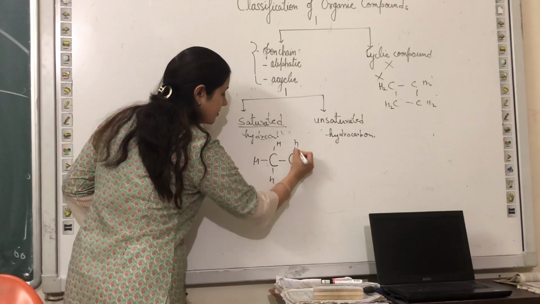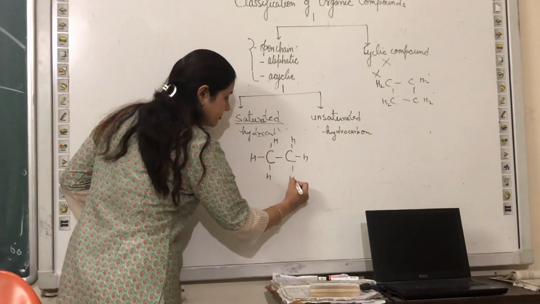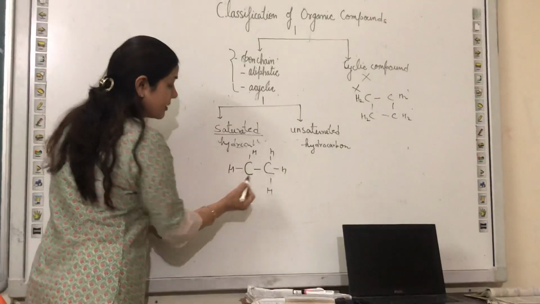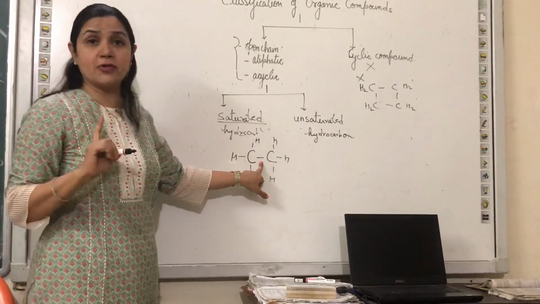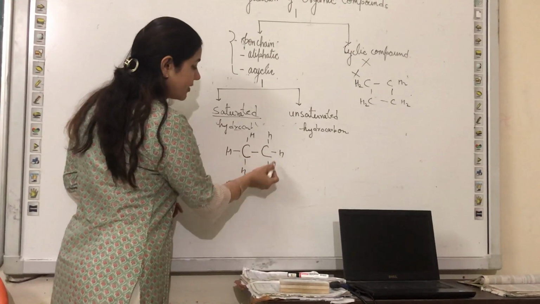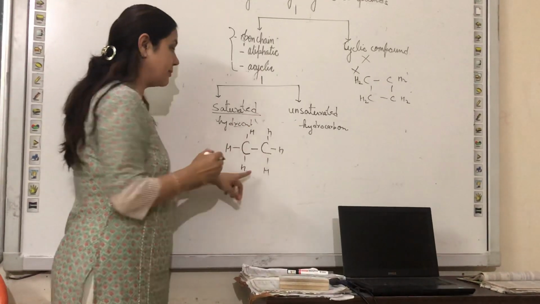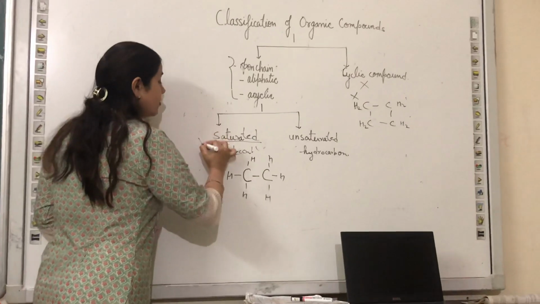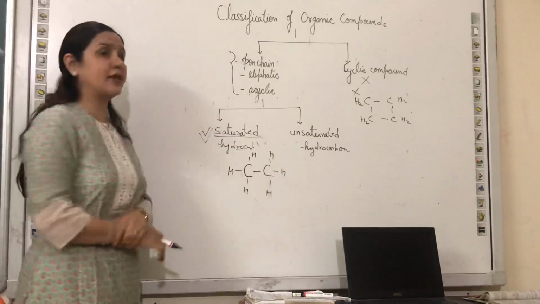You can see here carbon and carbon are attached by a single bond only. That means all the 4 valencies of carbon are satisfied by single bonds only. That's why these are known as saturated hydrocarbons.